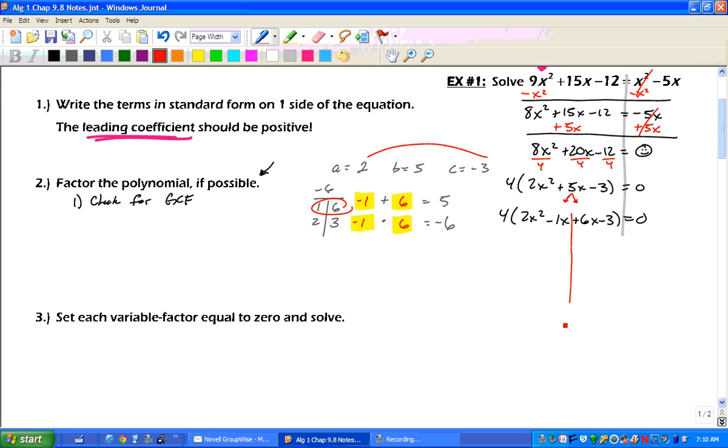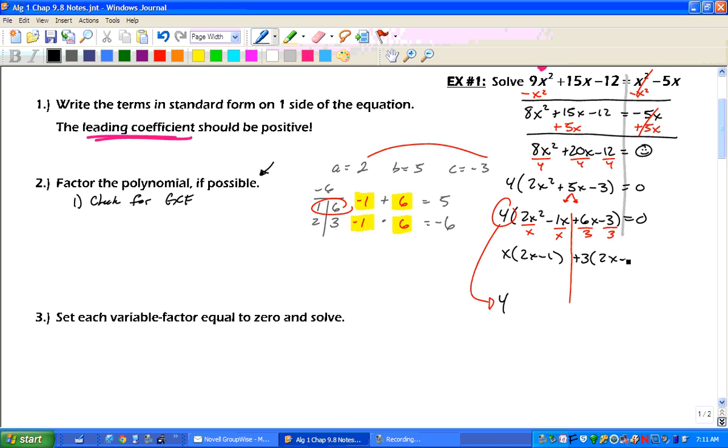Okay, we draw the line. I'm going to bring the 4 down to the very bottom. In the first group, we can factor out an x. So we've got x, 2x minus 1. Now back here, we can factor out a 3.